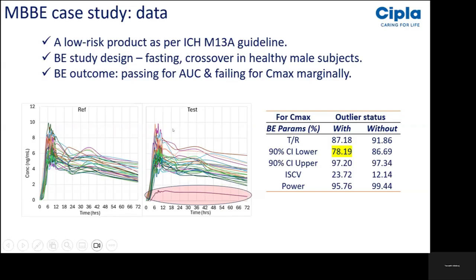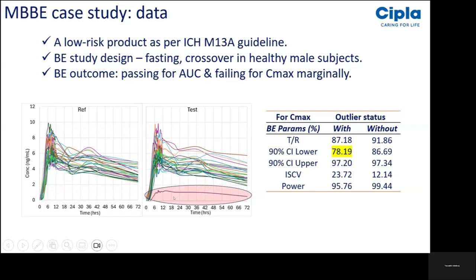So this is the data we have got from the reference and test products. As we can see here, there is one particular subject which showed a very low pharmacokinetic profile, and we couldn't find any plausible reason for the same.